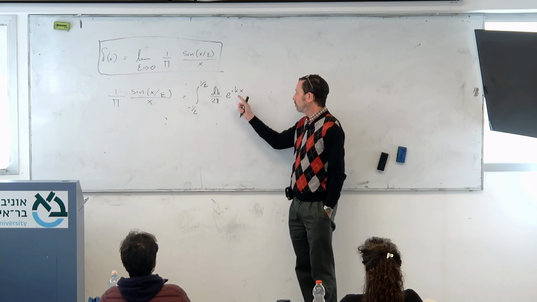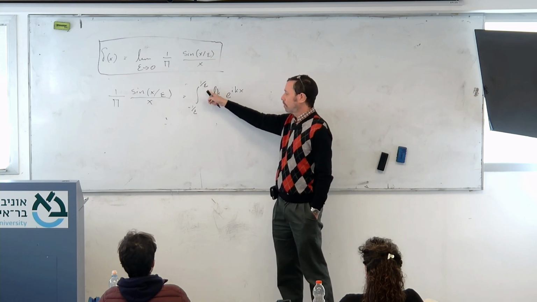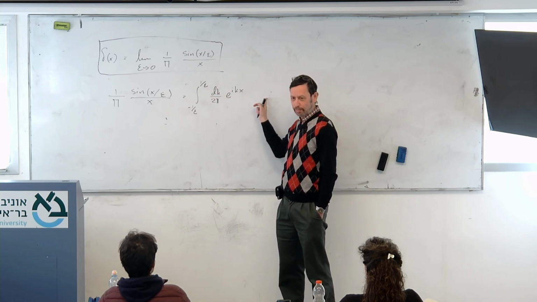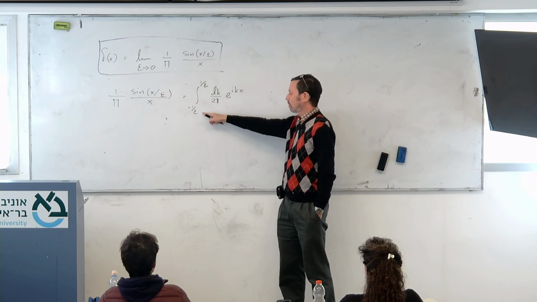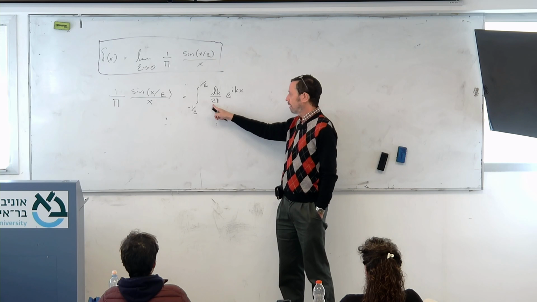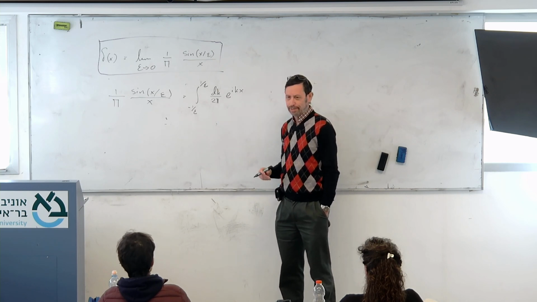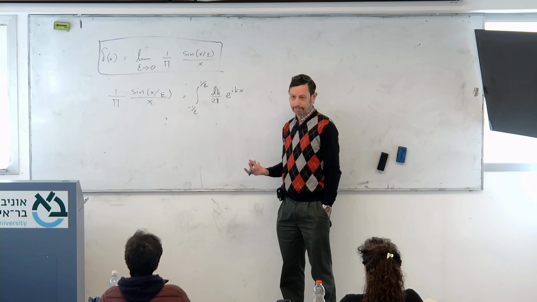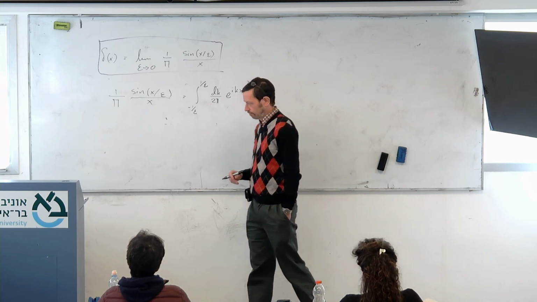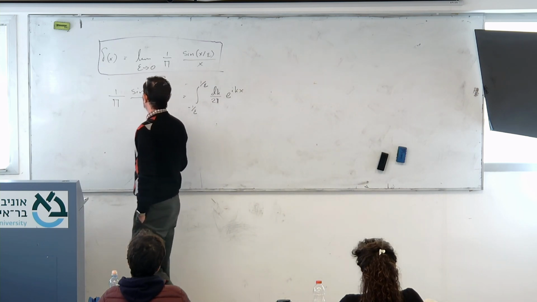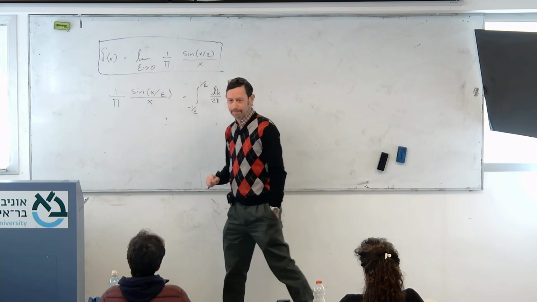It will give you e to the power ix over epsilon minus e to the power minus ix over epsilon, divided by 2i, which is sine. Exactly what appears there. I'll add the limits.